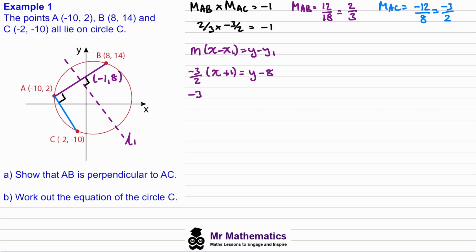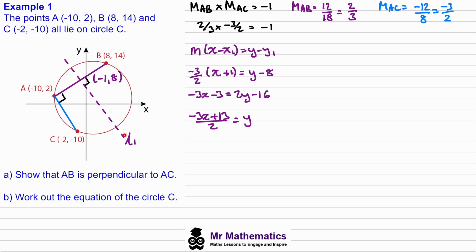So we get -3x minus 3 will equal 2y minus 16. Now we'll make y the subject by moving the -16 to the left hand side and dividing everything by 2. So we get -3x plus 13 divided by 2 will equal y. So that's the equation of line L1.